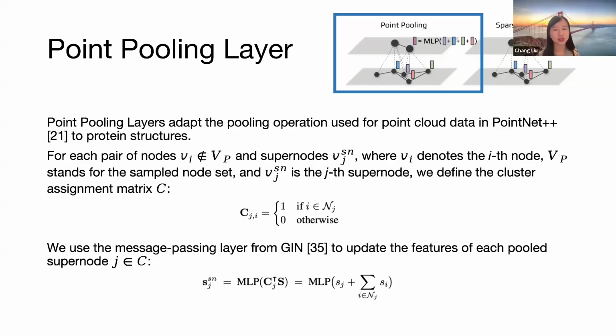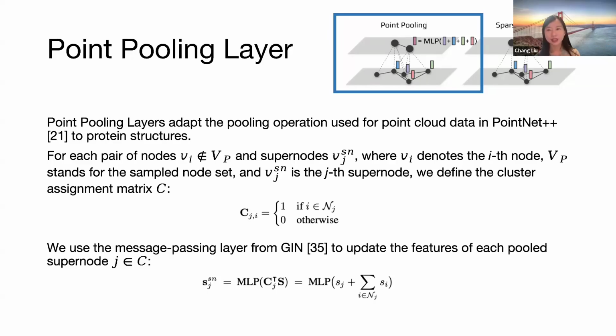Okay, it's a very good question. For the supernodes, we applied a sampling algorithm to sample a subset of nodes from the original node set, for example V. V is the original set of the nodes in the first layer of the model.